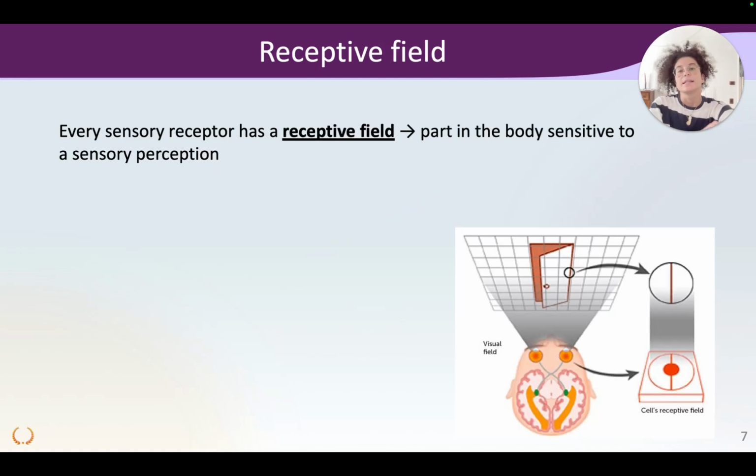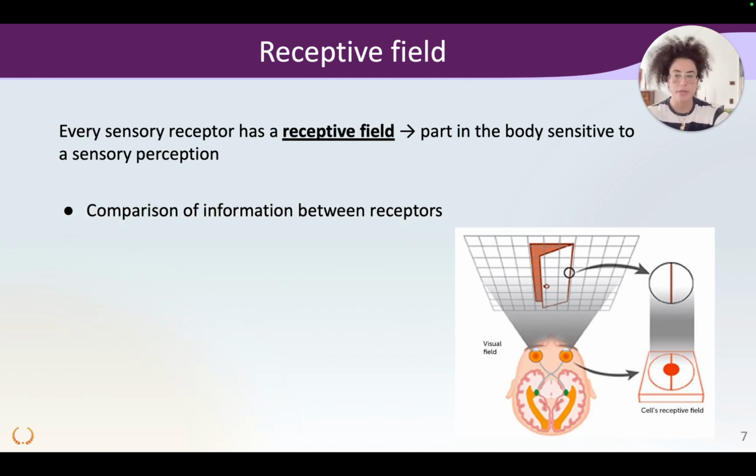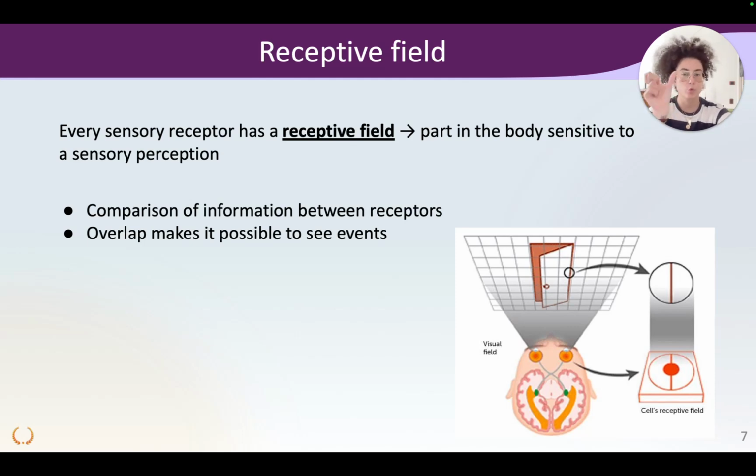Okay. Then we briefly talk about receptive fields. It's important to know that every sensory receptor has a receptive field, which is a part of our body sensitive to a sensory perception. What happens here is that we have a comparison of information between different receptors, and the overlap between the receptive fields allows us to see events.